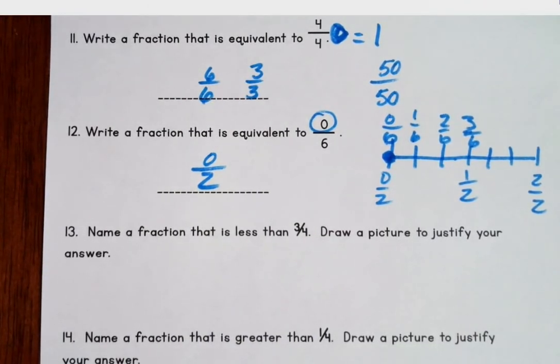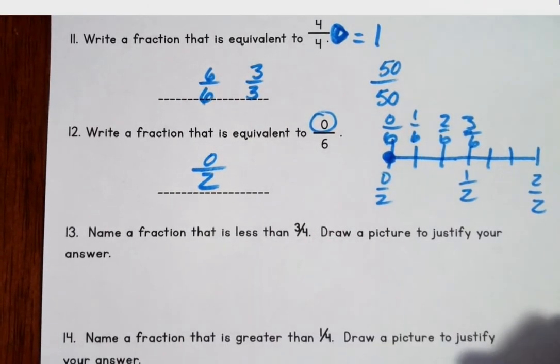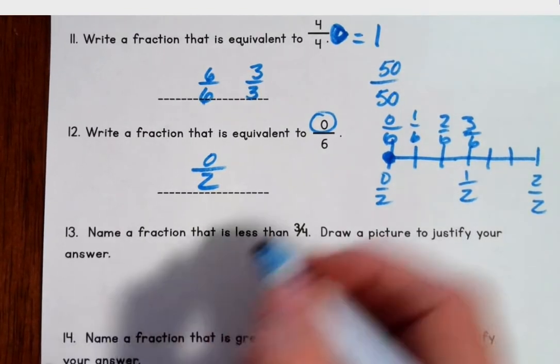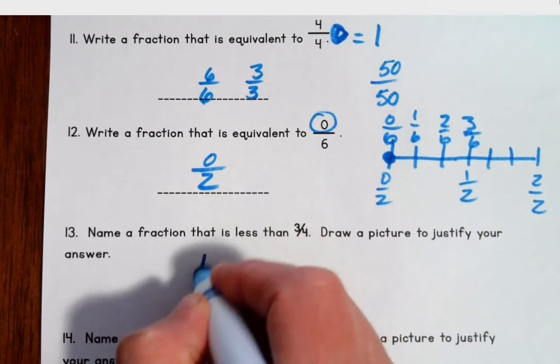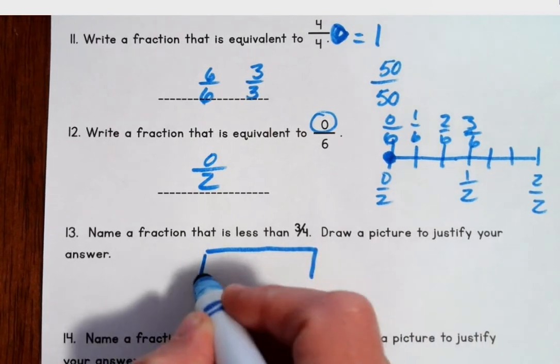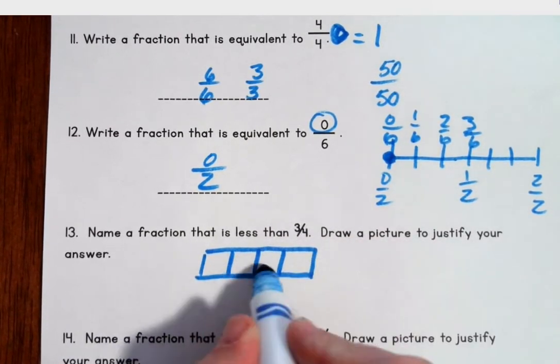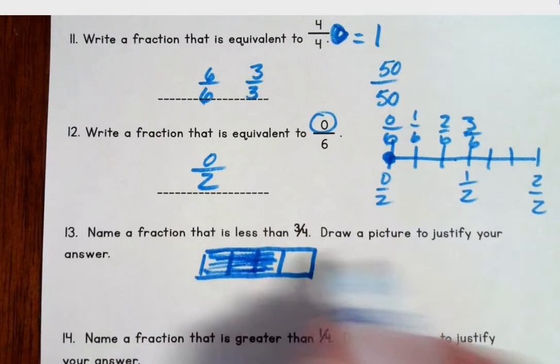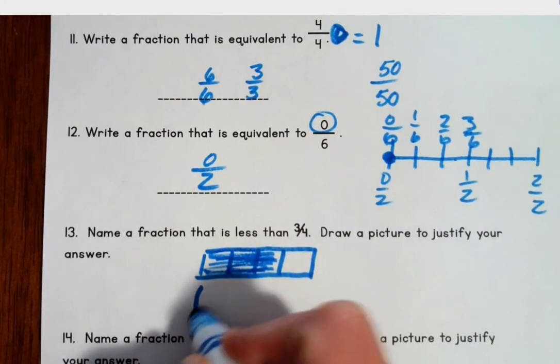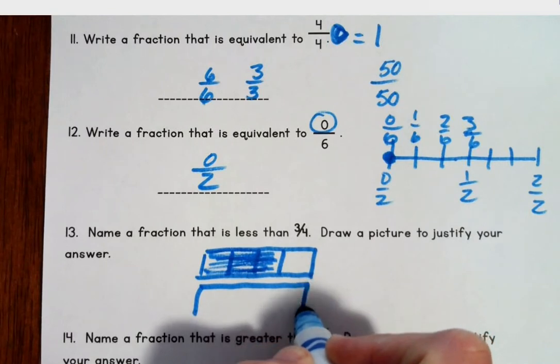Okay, write a fraction that is less than 3/4. Draw a picture to justify your answer. So first off, I'm going to do 3/4. Okay, and I'm going to color 3 of the fourths. Now I'm going to draw another one that's the exact same size.